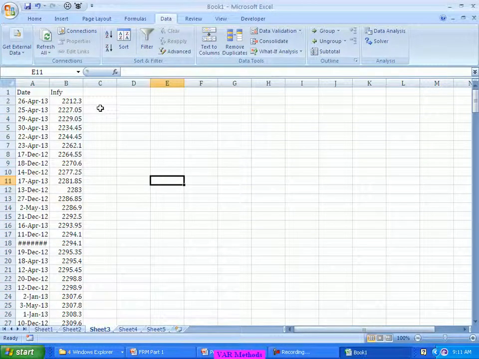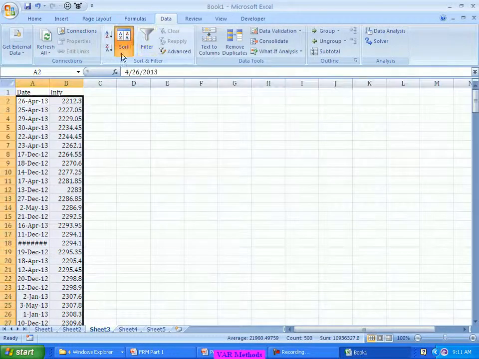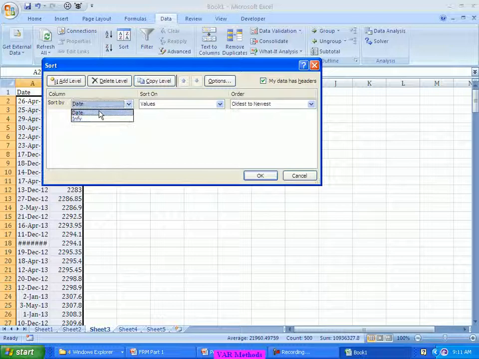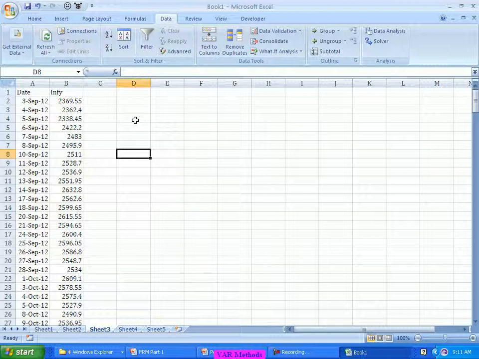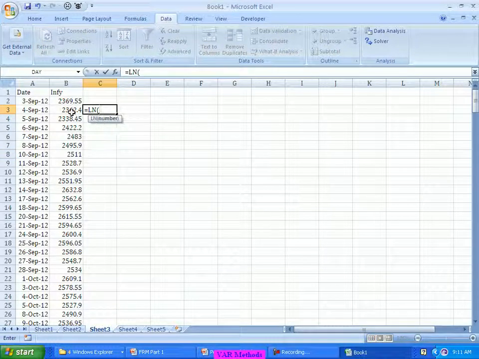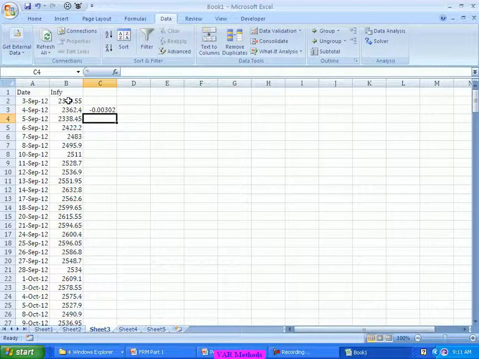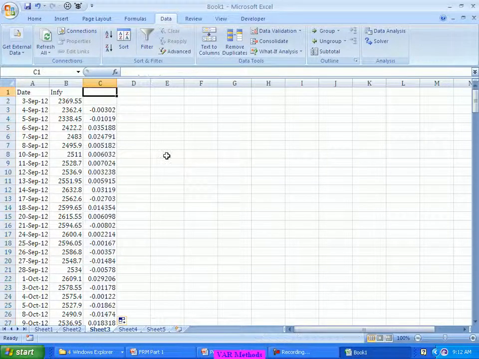So let's say these are the last 1 month prices, 1 year prices, and I'm taking the returns. Probably I'll take continuously compounded returns. Continuously compounded returns come out through the logarithm process. So I am taking continuously compounded returns over the last 1 year period.